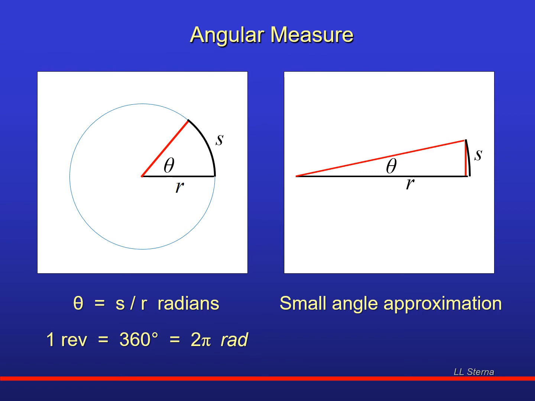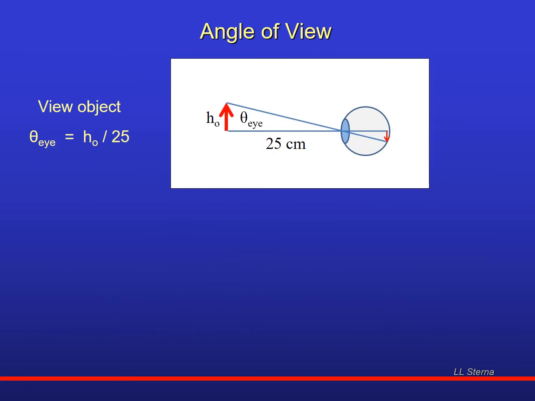All right, so here's the first case. The angle of view. You want to look at something as close as possible because you want to see it as large as possible. So there's the object, the red arrow, h sub o.